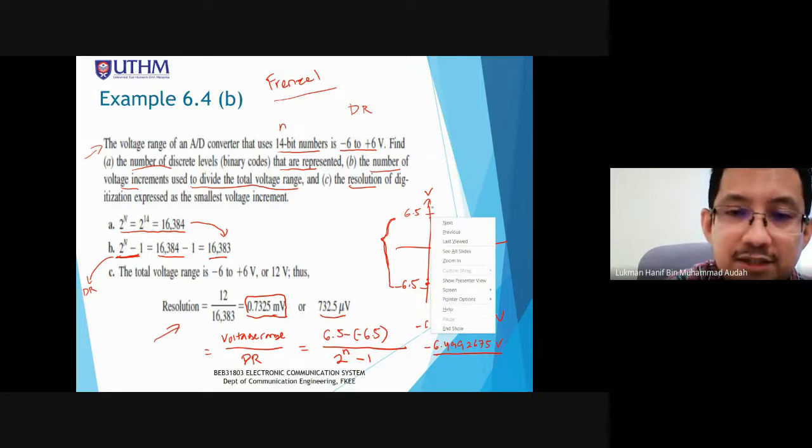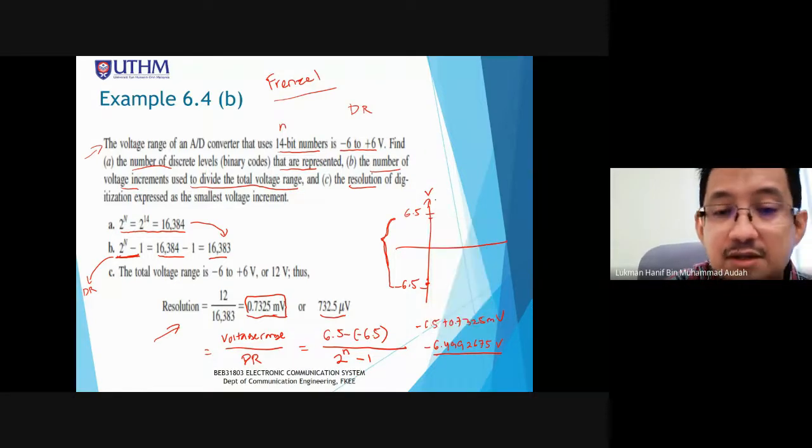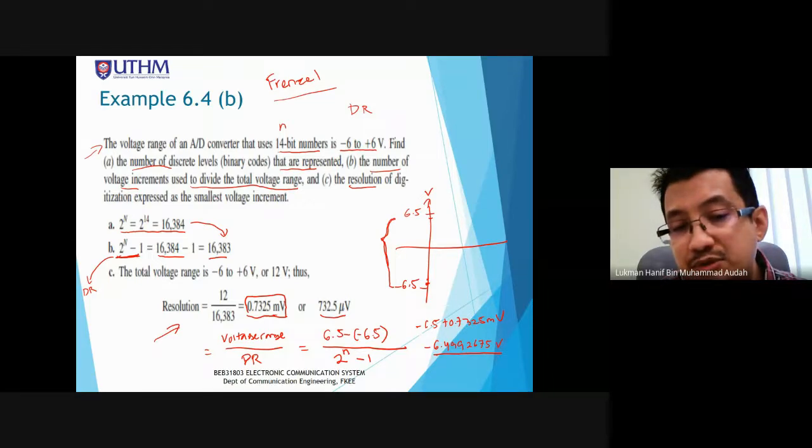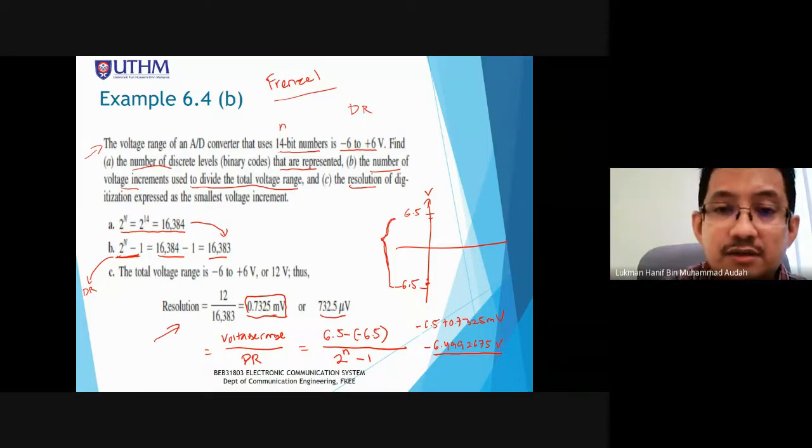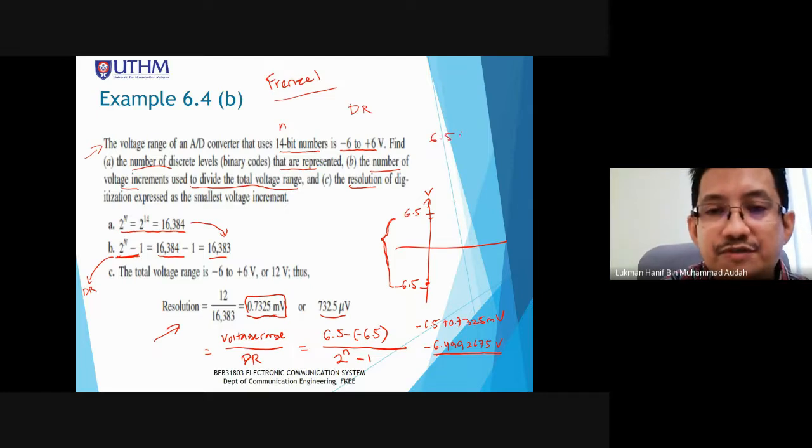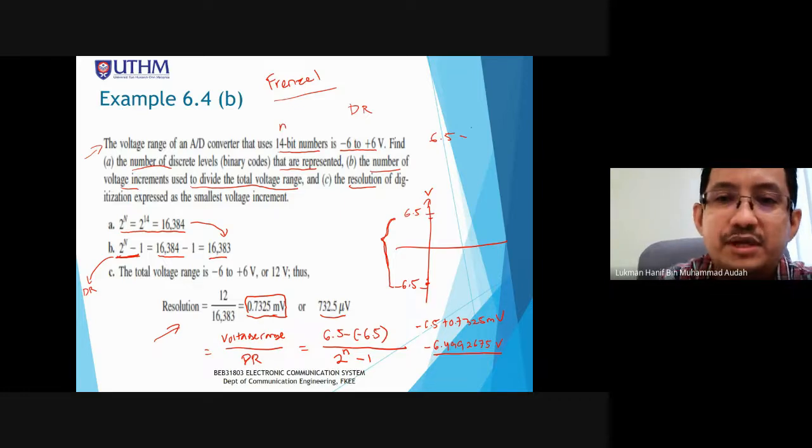Sama juga yang di atas sini, satu level di bawah maksimum. Contoh ini kita saja-saja nak kira. Satu level di bawah maksimum quantization level adalah 6.5 minus 0.7325 millivolt.